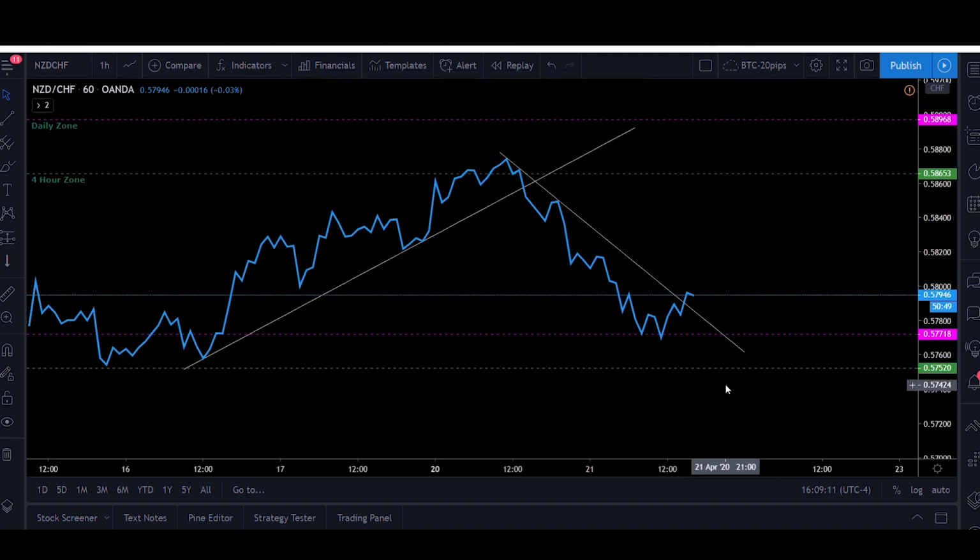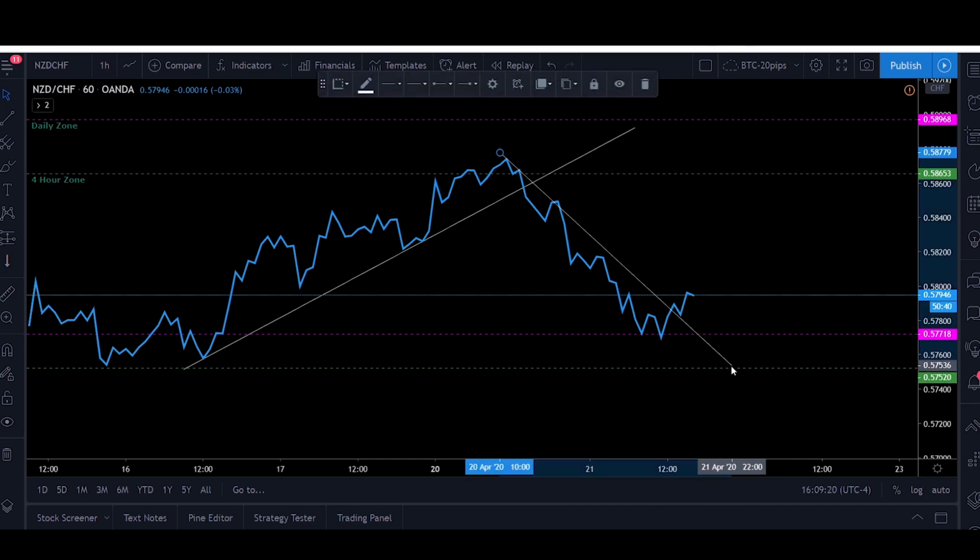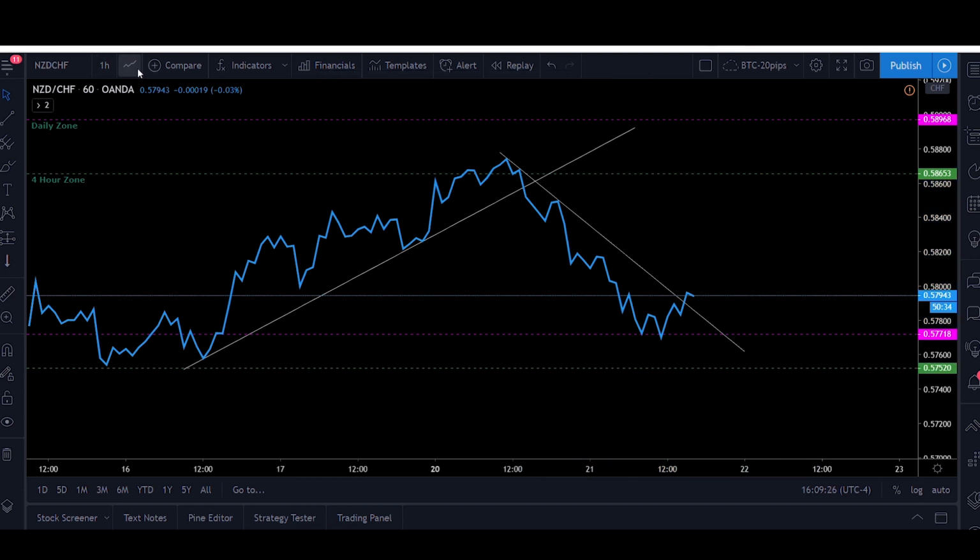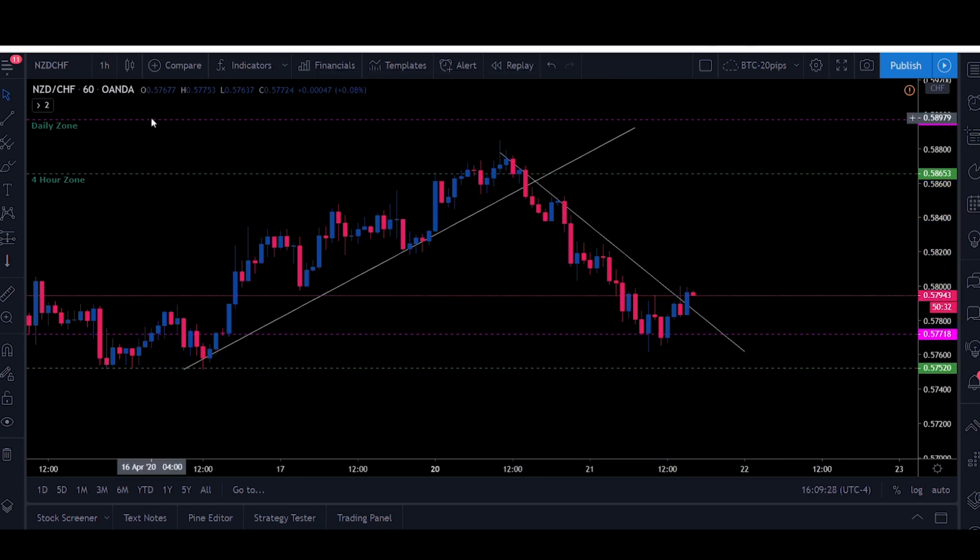Like I said, the first peak you find, that's what you want to put it on. You don't want to force it to fit there. You don't want to do that. Just place it on the peaks and then just wait. So now it has broke above your trend line.